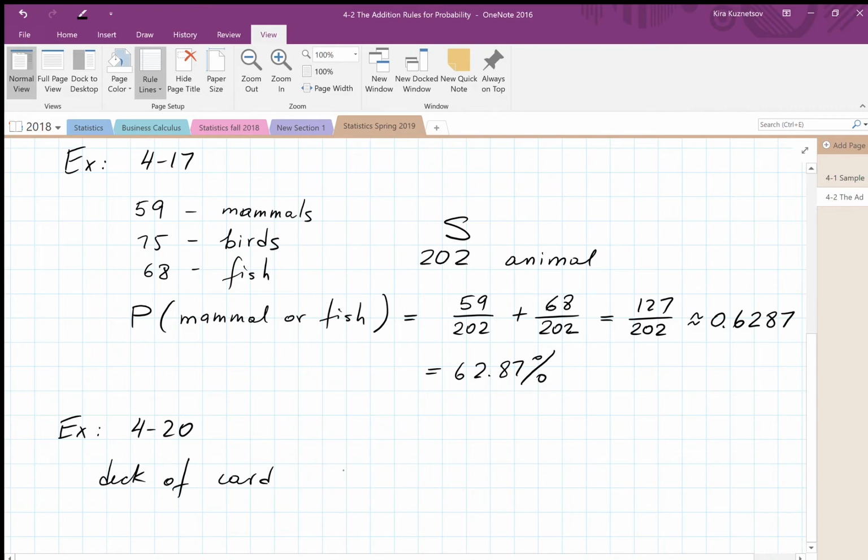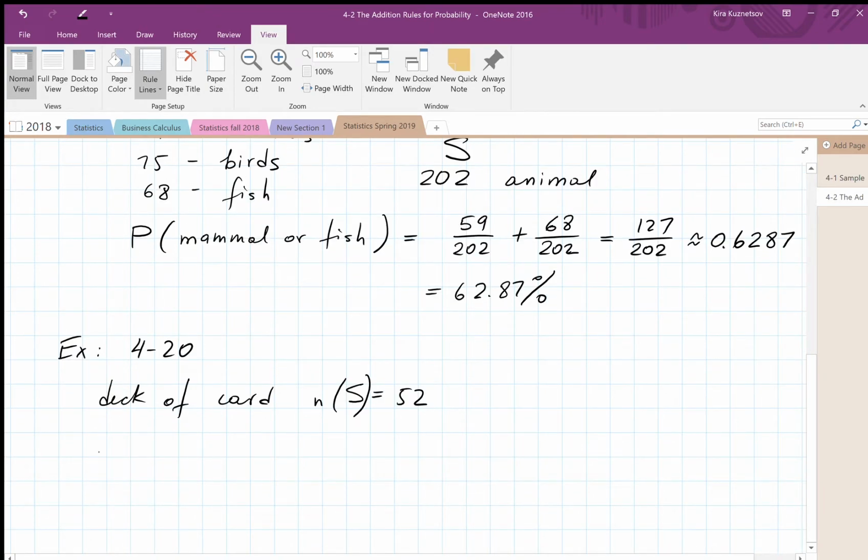I know that the sample space has 52 cards because I'm aware of this particular sample space. Now, they're asking us to find the probability that it's either a 9 or a diamond.